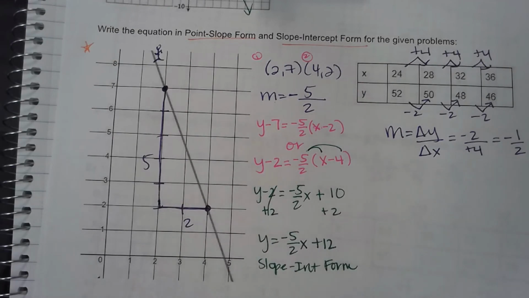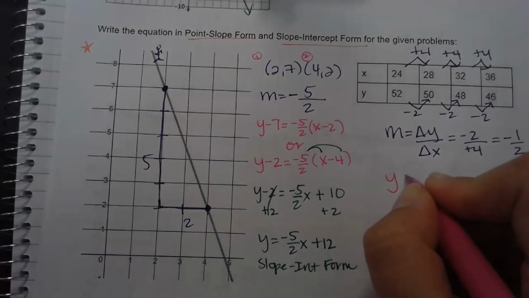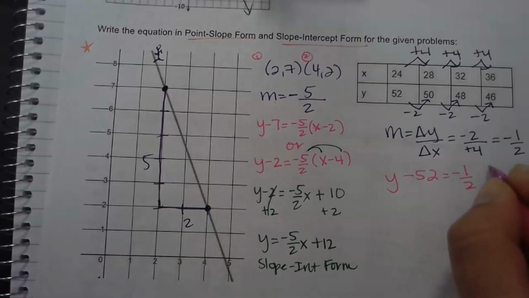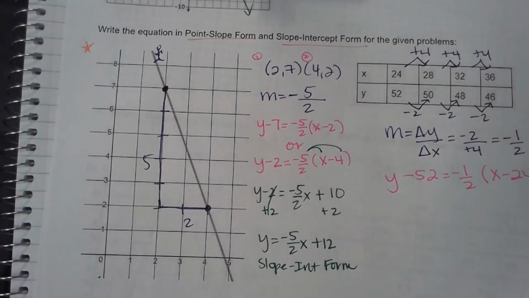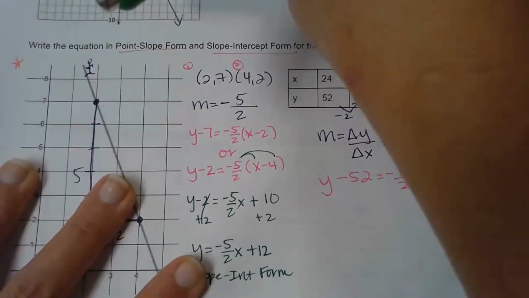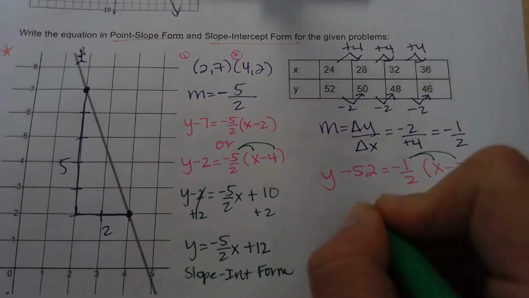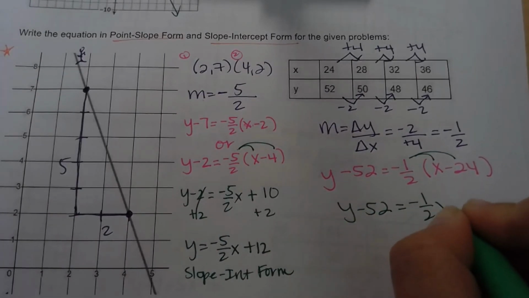I'm just going to pick a point. I'm just going to do the first point. So y minus 52 equals negative 1/2 times x minus 24. Scoot this over just a little bit. Distribute. Y minus 52 equals negative 1/2 x.